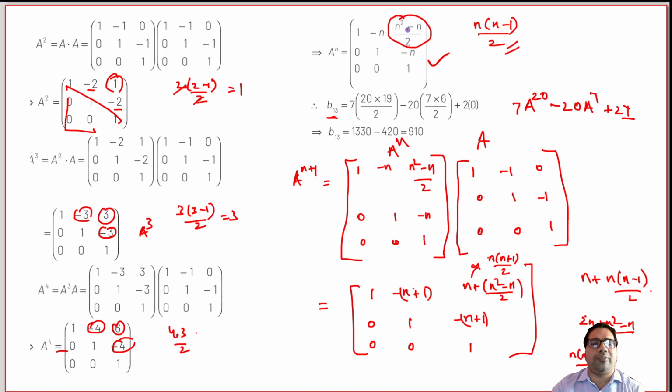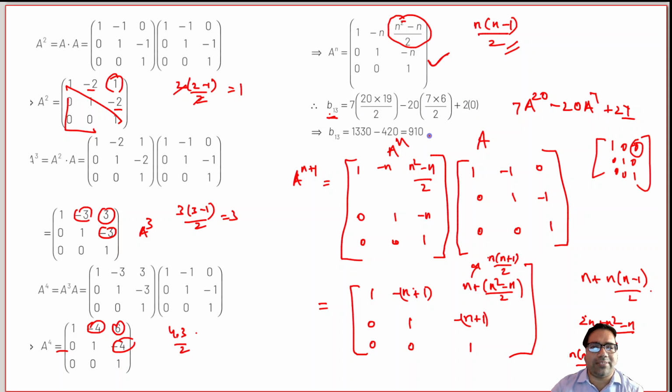So 7 into A power 20: A power 20 will have this element as 20 into 19 by 2, and A power 7 will have 7 into 6 by 2 as this element. So 7 into A power 20, this element is 7 into 20 into 19 by 2, minus 20 into 7 into 6 by 2, plus 2I. I will anyway have this element as 0, so it doesn't contribute anything.